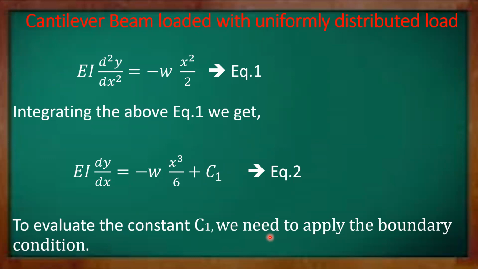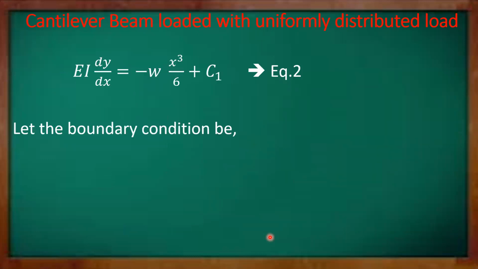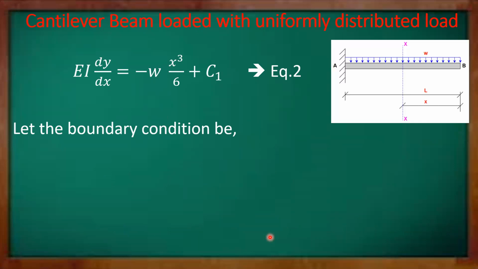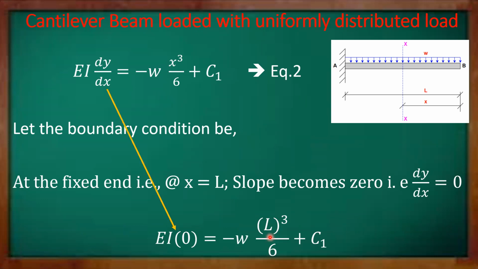To find that, we are going to apply our boundary condition. Let the boundary condition be at the fixed end. Normally we have the slope as 0. So at the fixed end, we have x is equal to L, and the slope will become 0 there. So we will substitute this boundary condition in our equation number 2. We will get EI into 0 is equal to minus w times, wherever x is there, we put L. So we get minus w L cube by 6 plus C1.